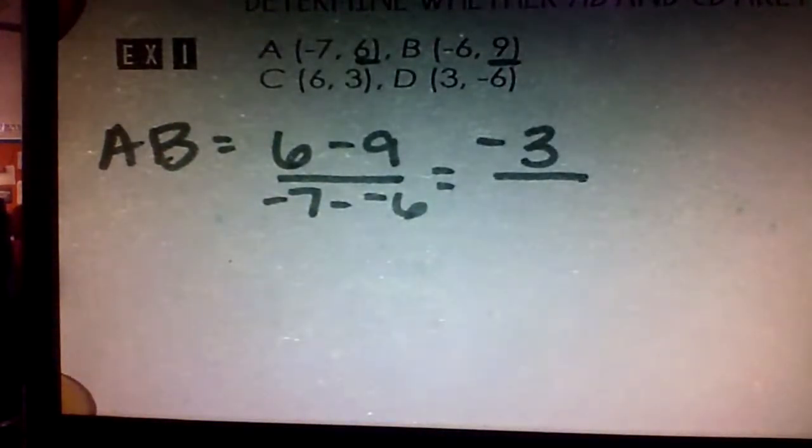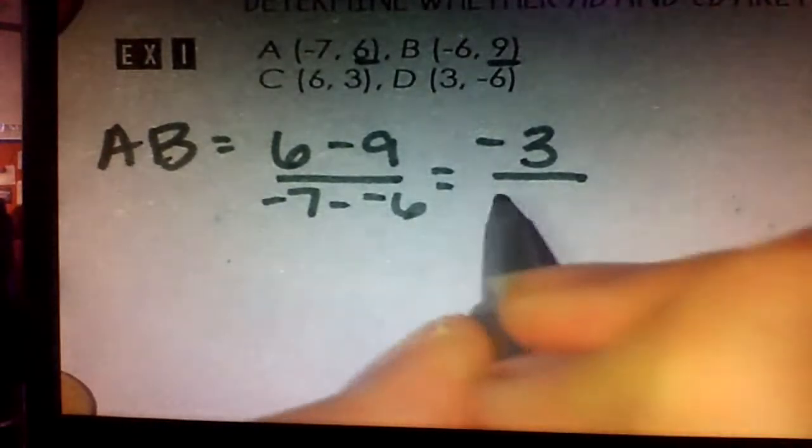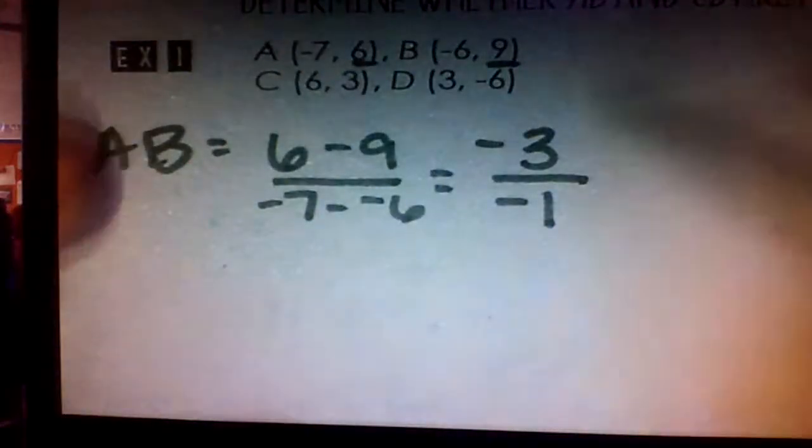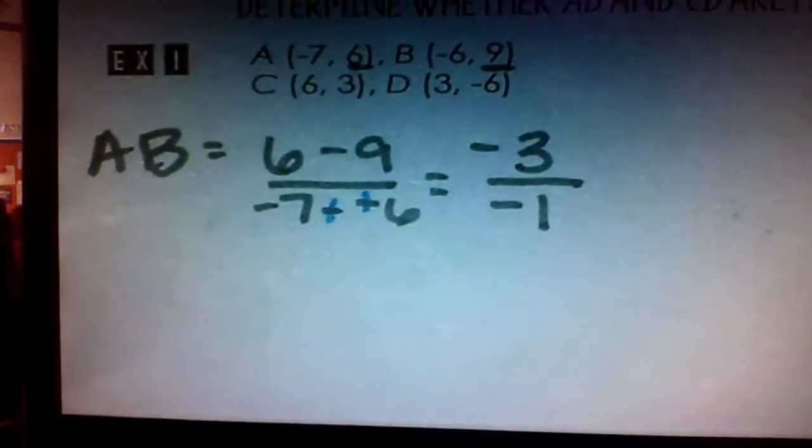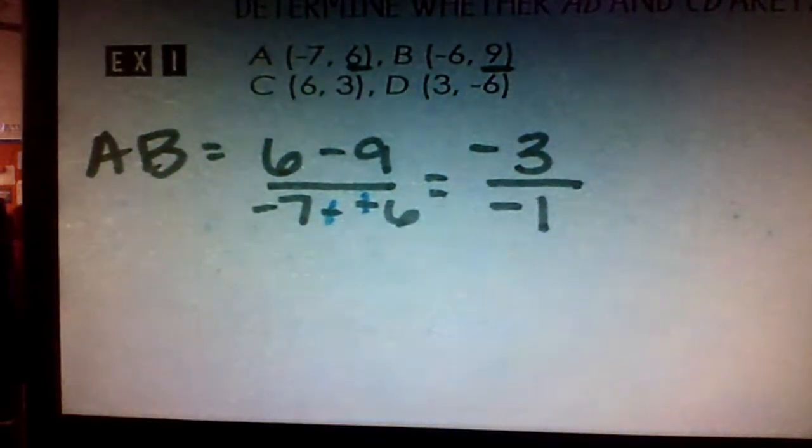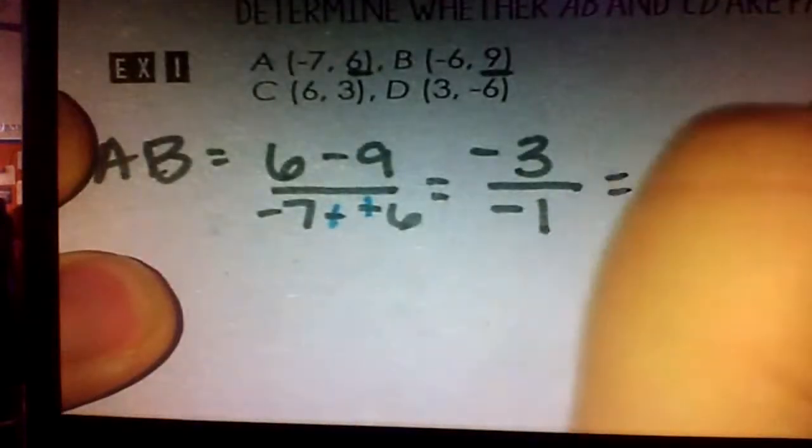What's -7 minus -6? -1. Remember, minus a -6 becomes plus a positive. So you actually have -7 plus 6, which is -1. So your actual slope here then is +3.